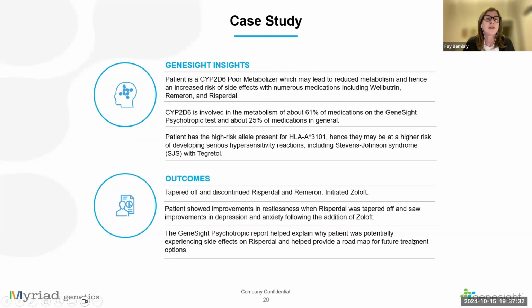So, what did we do? First, we'll note poor metabolizer of CYP2D6. Patient is at a higher risk when using mood stabilizers, such as things like Tegretol. So what did we do with her? We first went ahead and showed the results to the patient, and I also was able to show them to her daughter.